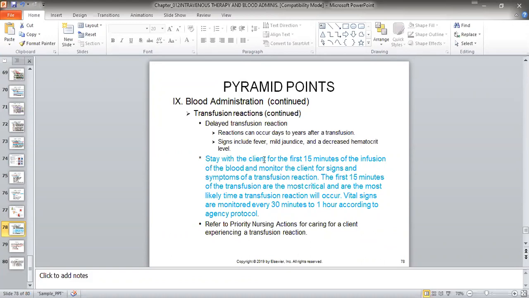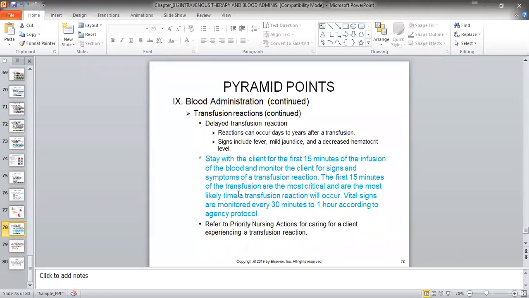Stay with the client for the first 15 minutes of the infusion of the blood and monitor the client for signs and symptoms of transfusion reaction.